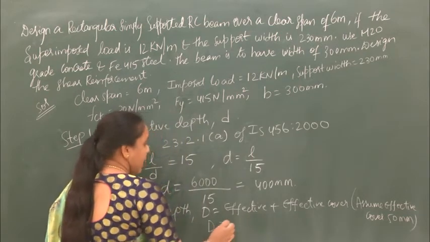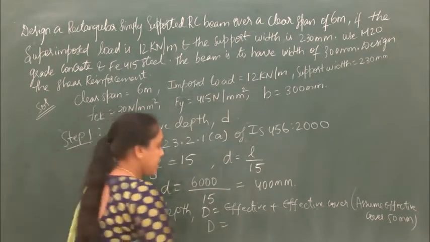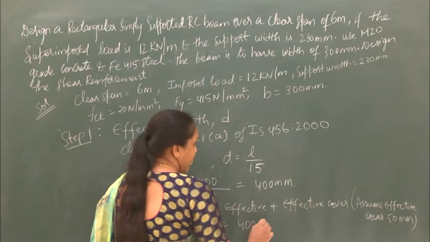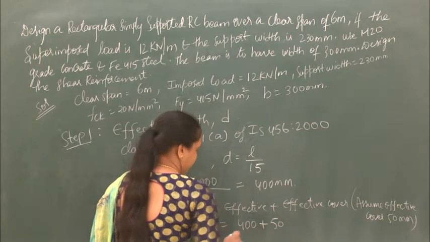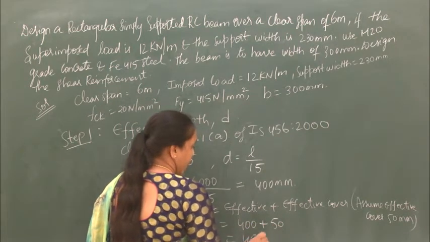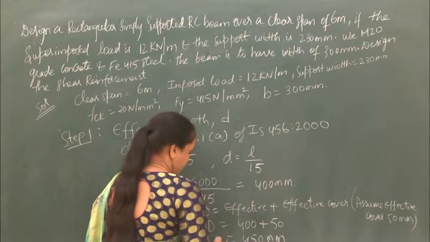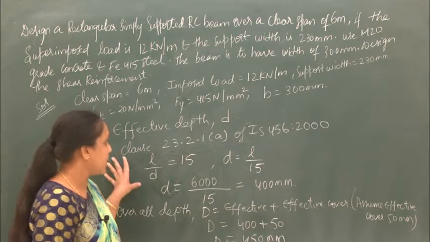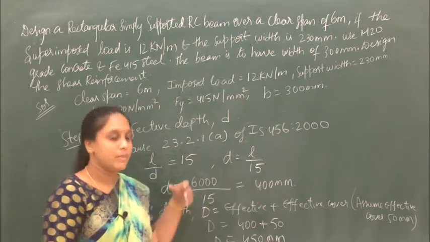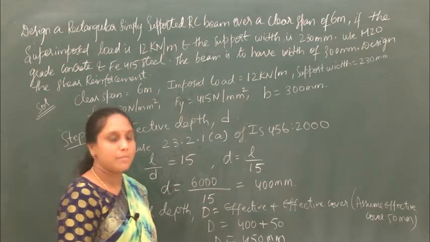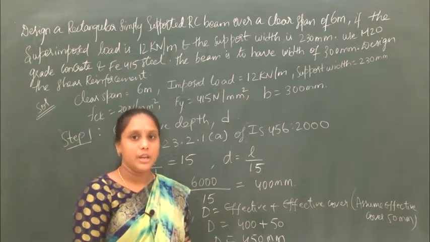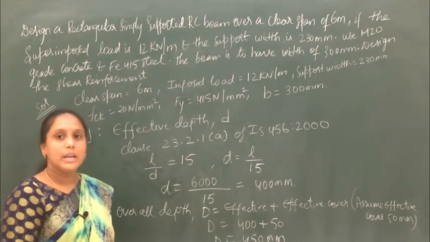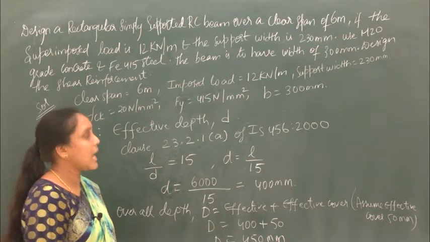So then what will be my overall depth? My overall depth D will be 400 plus 50 mm, which is 450 mm. So in the first step I have calculated the effective depth d as 400 mm, and from that I have calculated the overall depth capital D, which is 450 mm.